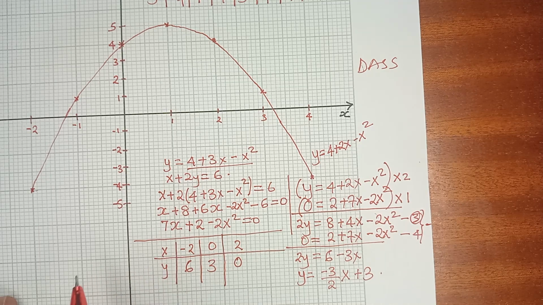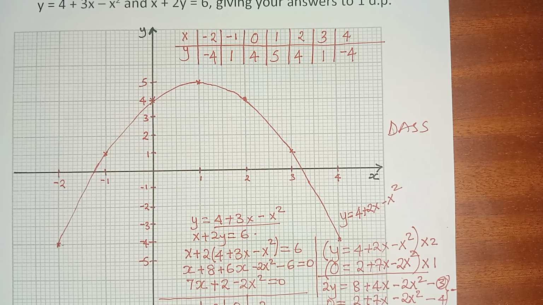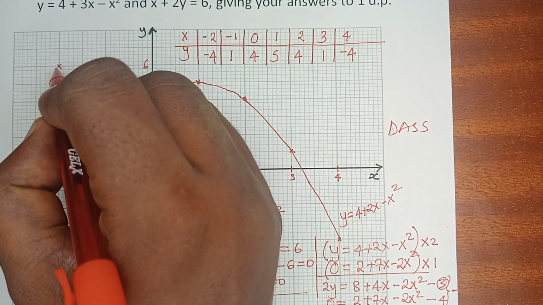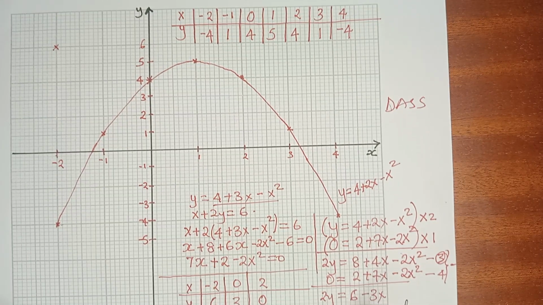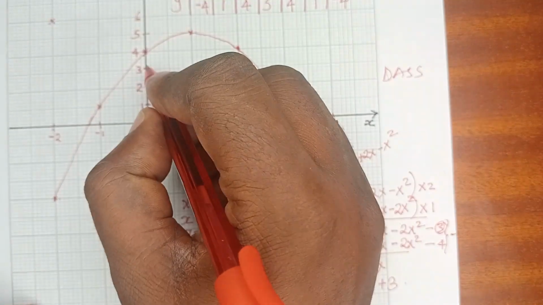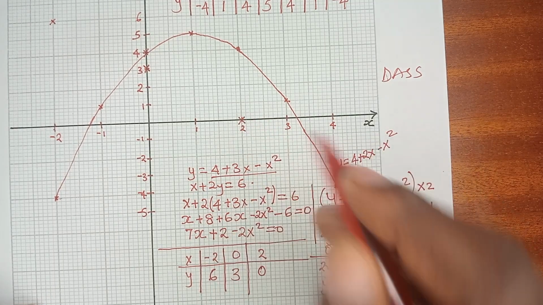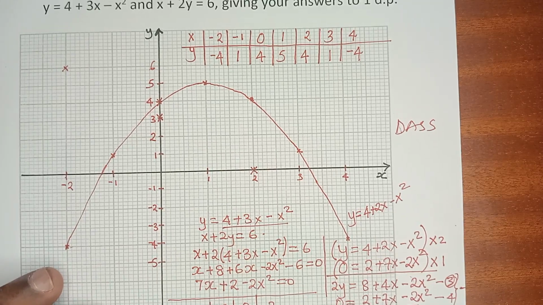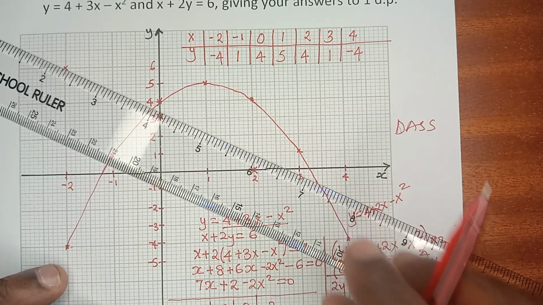When x is negative 2, let us be there. When x is negative 2, we have y being 6. There we are. When x is 0, y is 3, there. When x is 2, y is 0, there. And we now need to just draw this straight line using a ruler in a nice way.